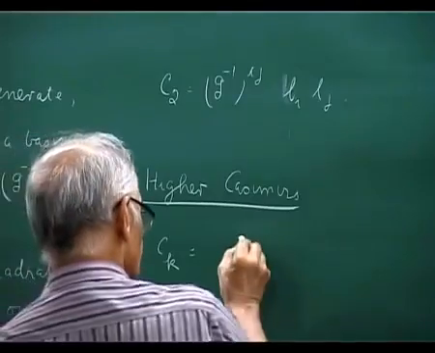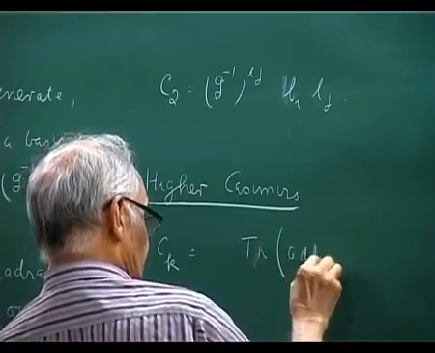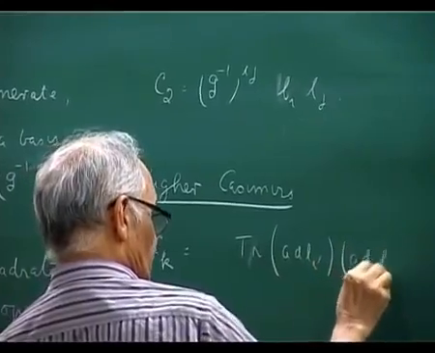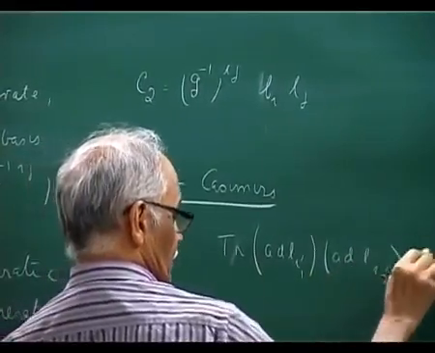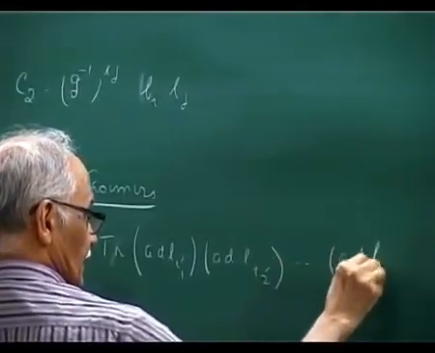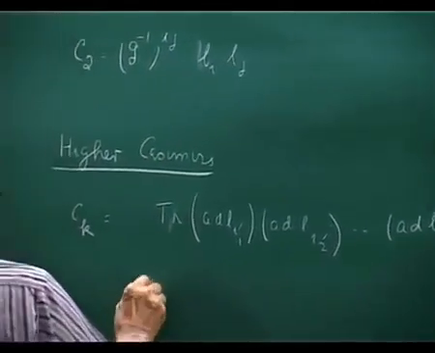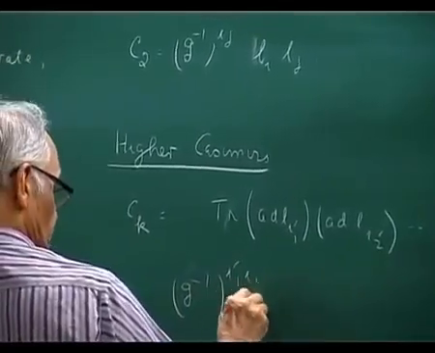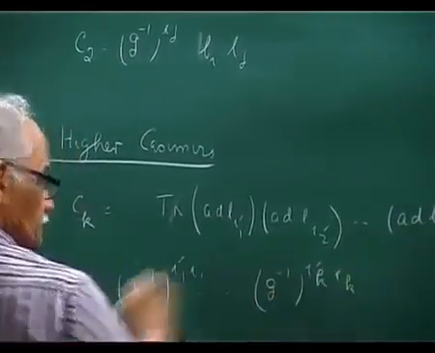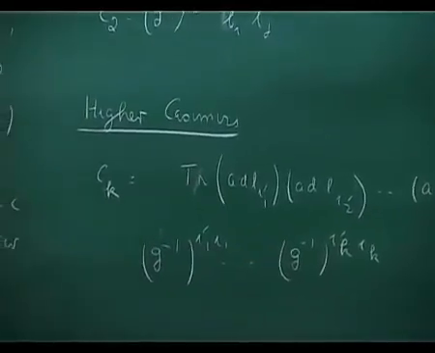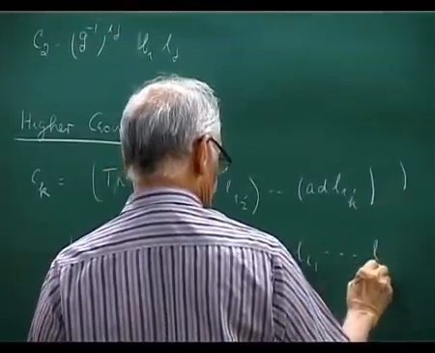You take the trace of ad L_i1 prime, ad L_i2 prime, up to ad L_ik prime. Then you multiply it by G inverse i1 prime i1, up to G inverse ik prime ik, times L_i1 up to L_ik.